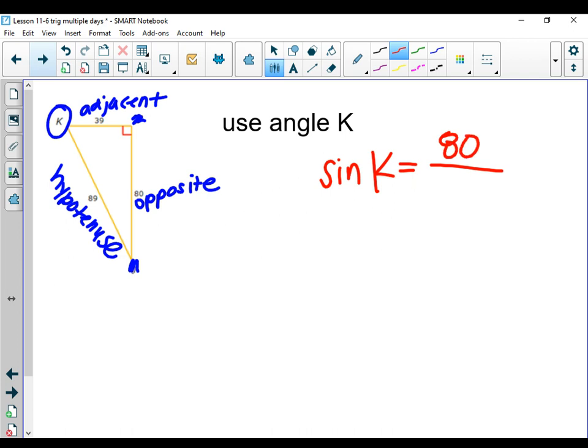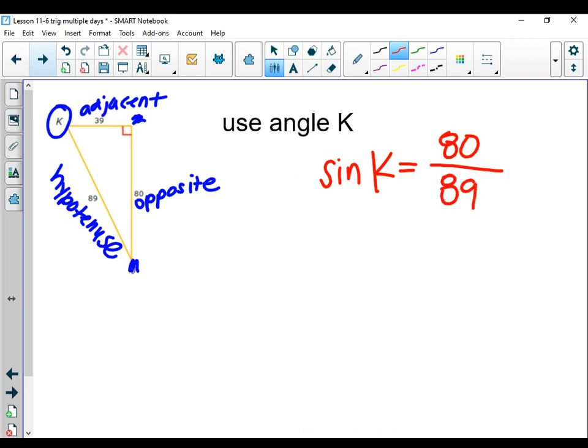Bottom of sine, Savannah. Hypotenuse has to be the longest one.